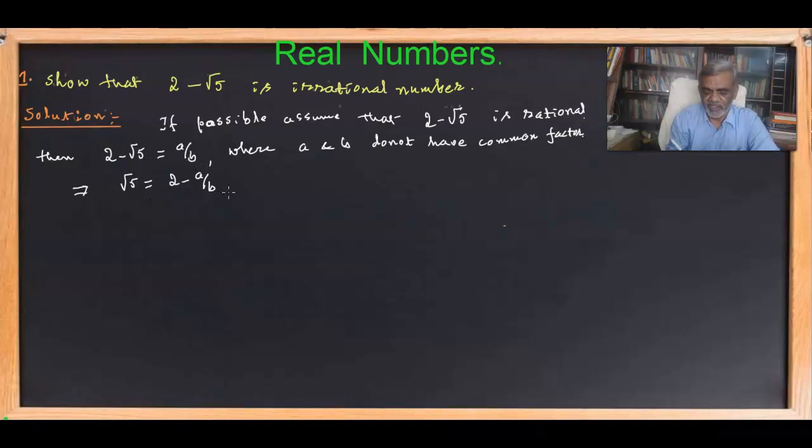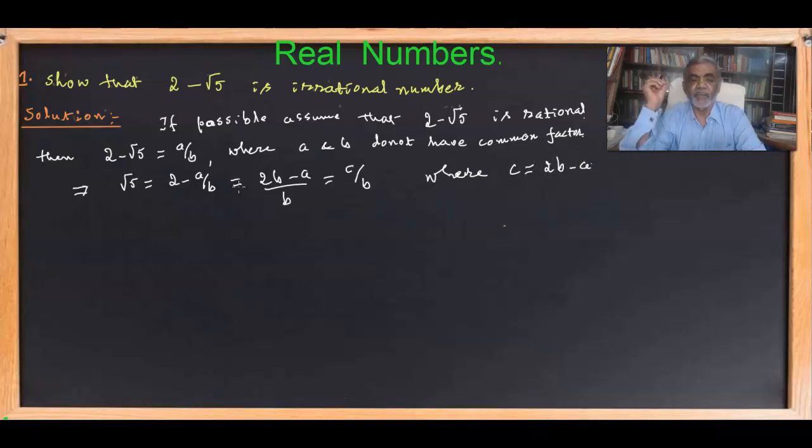That is 2b minus a by b, which I can write as c by b, where c is equal to 2b minus a. 2b minus a is also an integer, and therefore root 5 is equal to c by b.